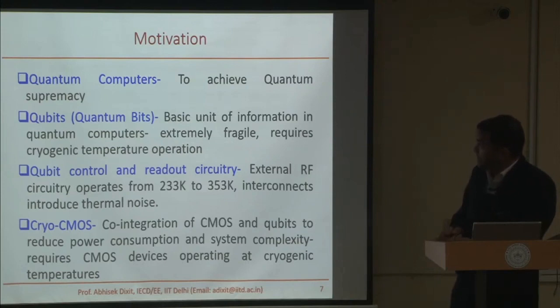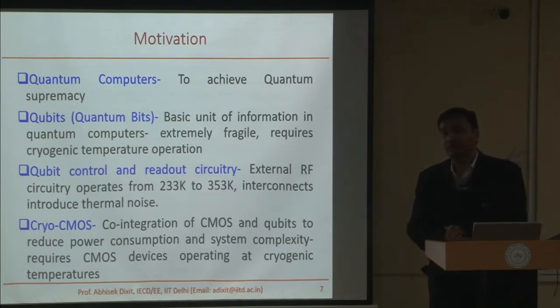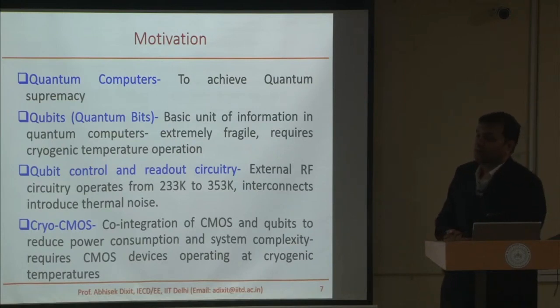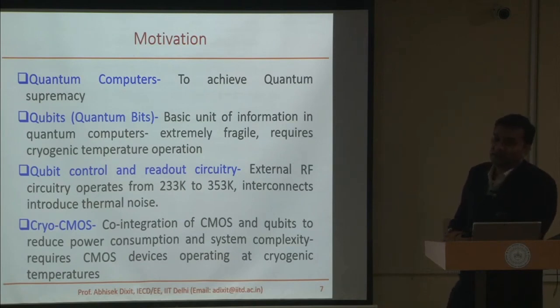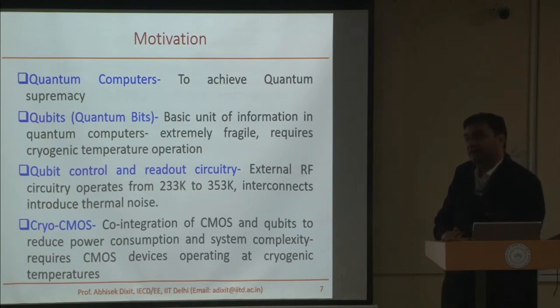Now the qubits are, so we are familiar with logical bits. A bit holds a 0 or a 1, right? It is a bistable circuit. So it can hold either a 0 or a 1, nothing in between. When we are talking about quantum bits, we are saying that you have 0 and 1 and the superposition state of that 0 and 1.